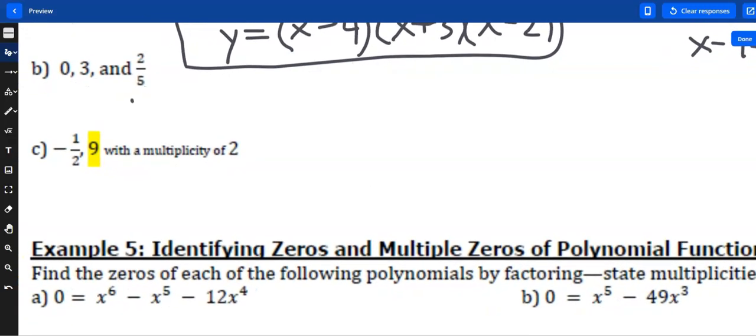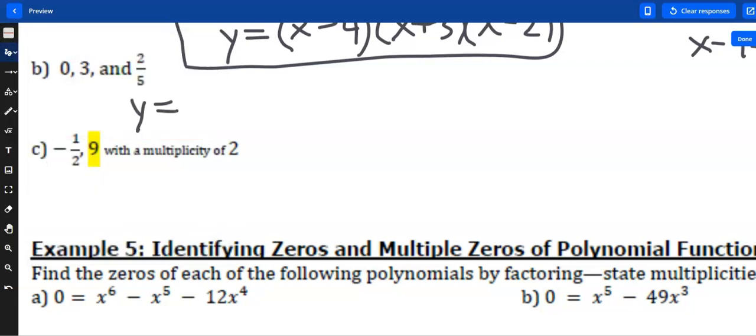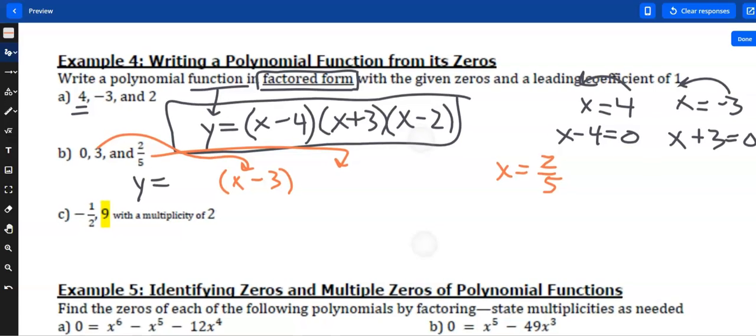So I do know that we're going to start off with y equals. Am I worried about this one? No. You're going to come up with x minus 3. Am I worried about the last one? Yes, because you're going to say something like x equals 2/5, but this is where it comes into play here: leading coefficient of 1, no fractions.